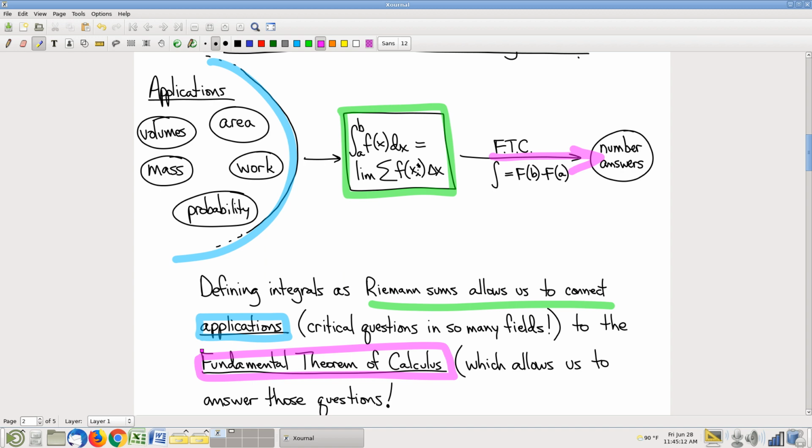And this is the part that a lot of people focus on: using the fundamental theorem of calculus, finding those antiderivatives, plugging in F of b minus F of a. And yes, that's an important part of the process. But very, very importantly, Riemann sums are the first step. Riemann sums are the connection that allows you to take an application problem and write it as an integral that the fundamental theorem can actually address.